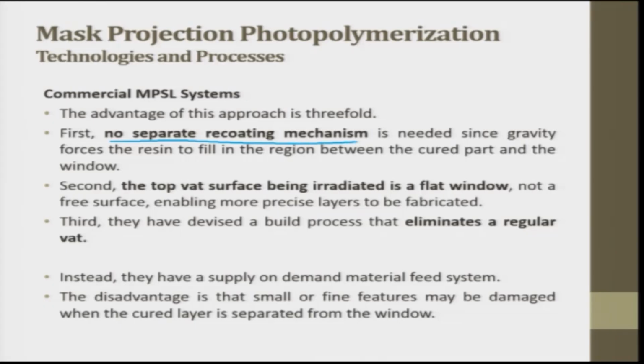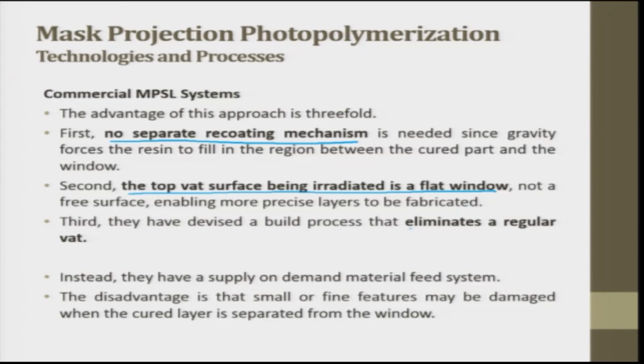No separate recoating mechanism. As you have also learned, when you start introducing design for manufacturing, we have to reduce as many parts as possible. So if a coater subsystem itself can be removed, the life of the machine is high. The vat surface is irradiated through a flat window, not a free surface, enabling more precise layers to be fabricated.